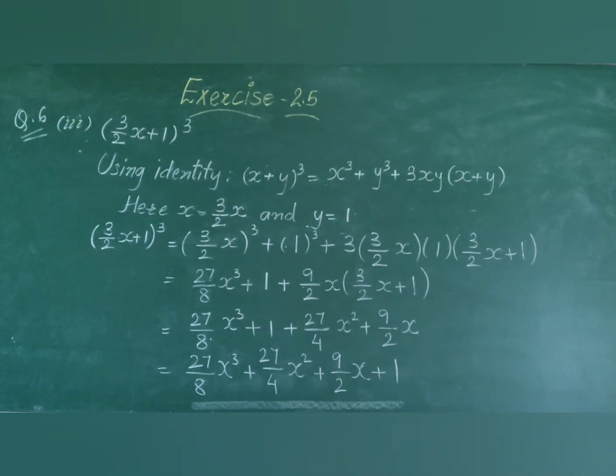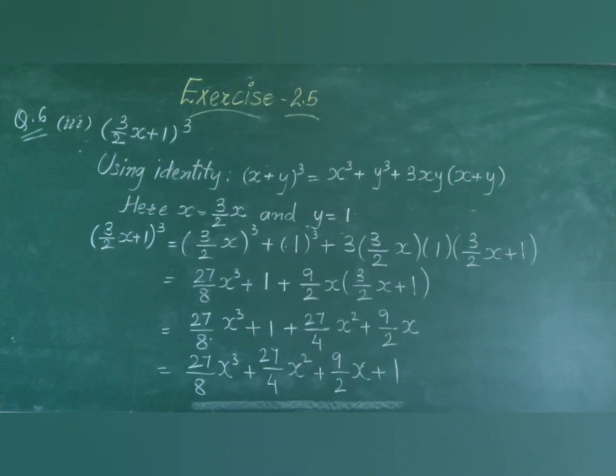So here x is 3/2x and y is 1. Inserting the values in the identity, we will get (3/2x + 1) whole cube = (3/2x) whole cube + 1 cube + 3 into 3/2x into 1 into (3/2x + 1).